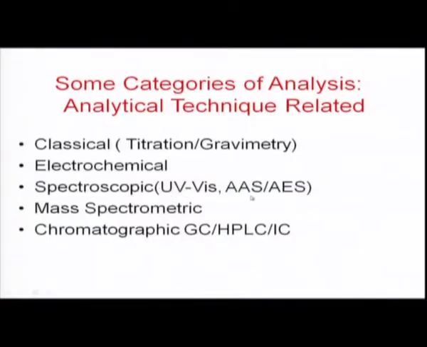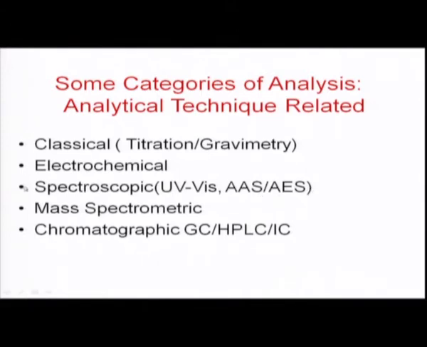For example, we can go for electrochemical measurement, such as pH and electrical conductivity, and some other parameters also we can do with electrochemical techniques. And the predominant one we have to rely upon is the spectroscopic techniques comprising UV visible, atomic absorption spectrometry, and atomic emission spectrometry.